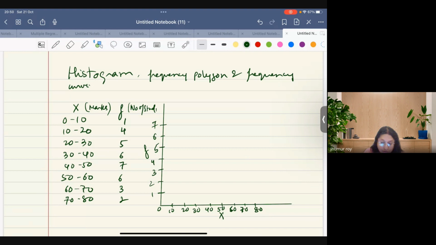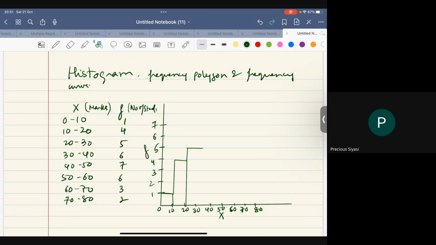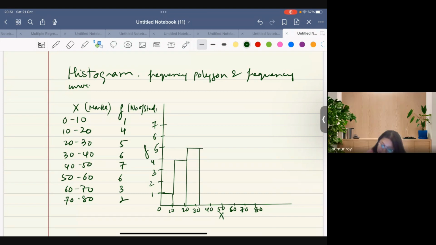Now when I draw this, remember 0 to 10 is what? 1. Okay, so I draw 1. Then 10 to 20 is 4. So I draw 4. Then 20 to 30 is 5. So I draw 5. See, in this, because it's a continuous series, we have to draw it together. You cannot draw it separately. You have to draw it together.